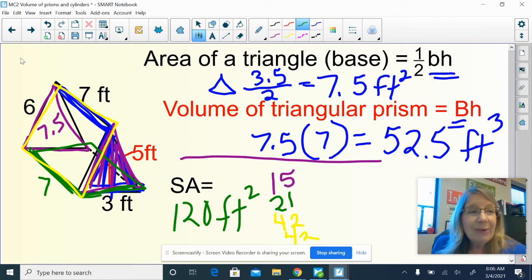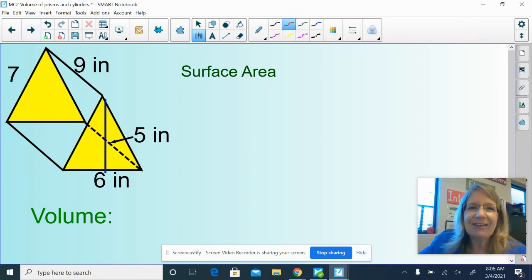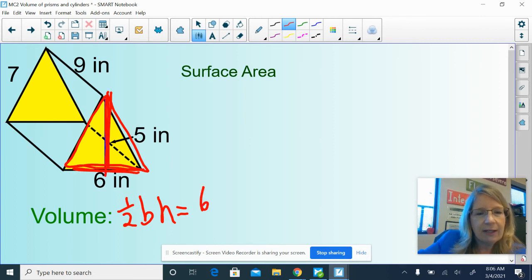All right, one more just to make it clear. Here we go. Let's do volume first because that's easier. Remember we said volume is 1/2 base times height. So 6 times 5, 6 times 5 divided by 2 is 30.